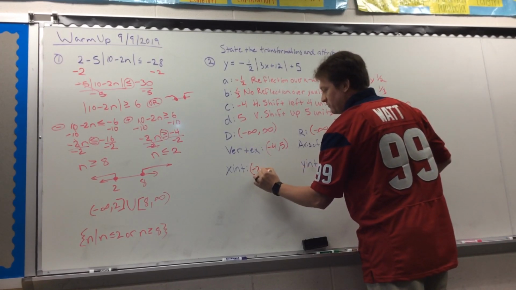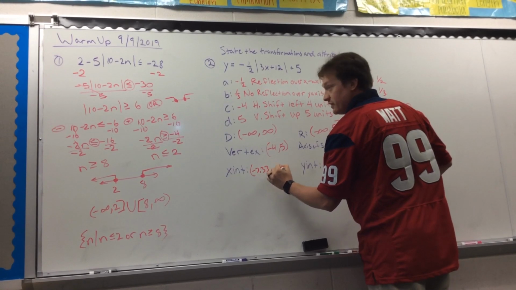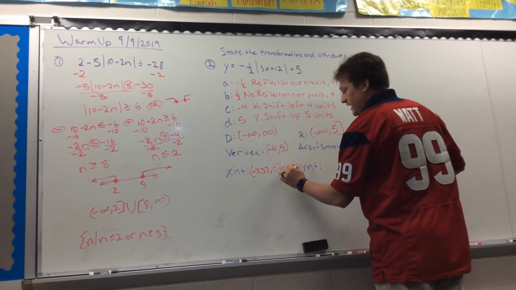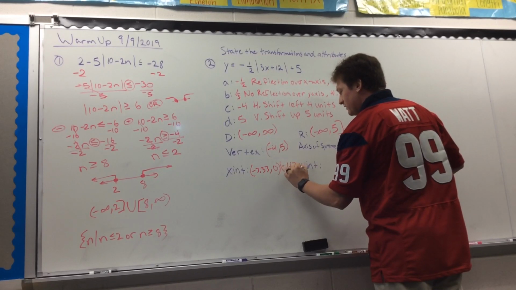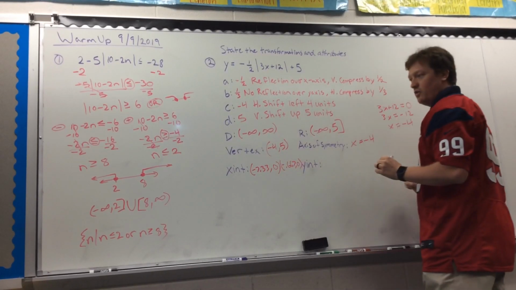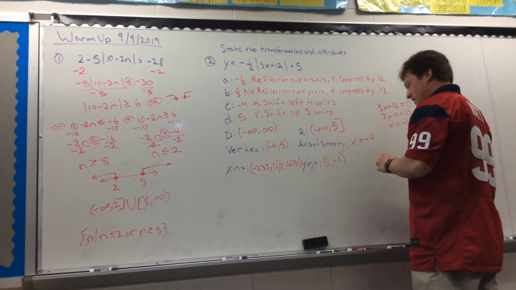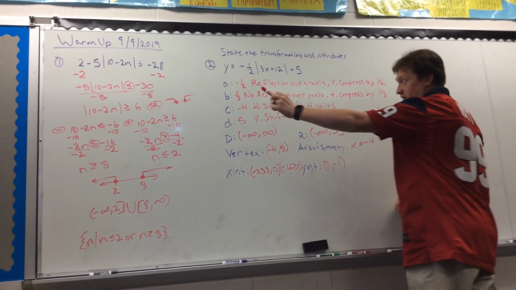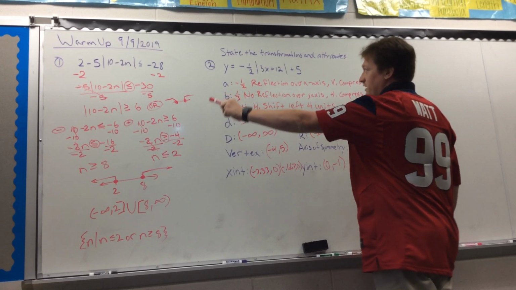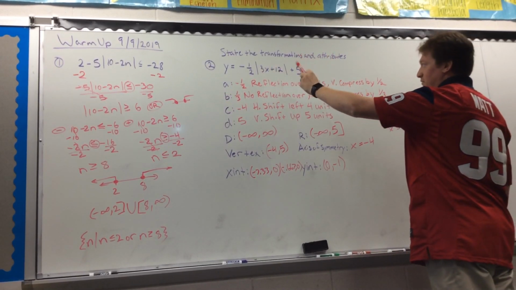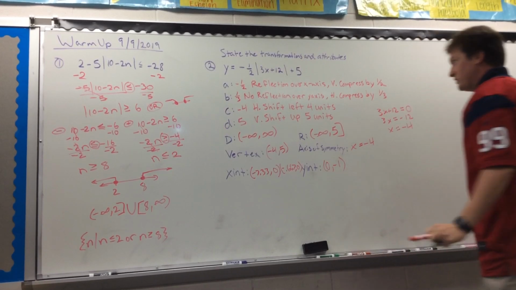I've got negative 7.33 comma 0. And then I have negative 0.667 comma 0. And then the y-intercept, I've got 0, negative 1. That takes care of solving an inequality with absolute value, and it takes care of transformations and attributes for an absolute value equation, 2 variables.